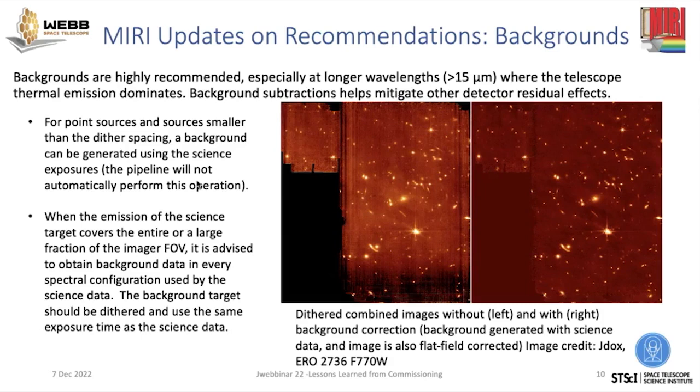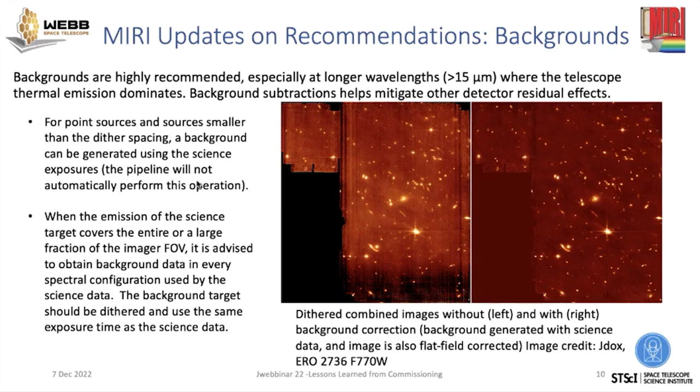And if you have a source that covers a large fraction of the field of view, it's advised that you do obtain a background, separate background data in every spectral configuration used by the science data. And in this case, APT will link these observations together, and the pipeline will do this background subtraction for you.